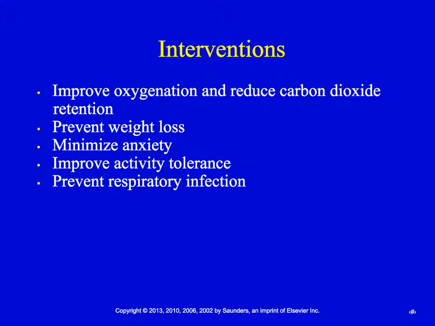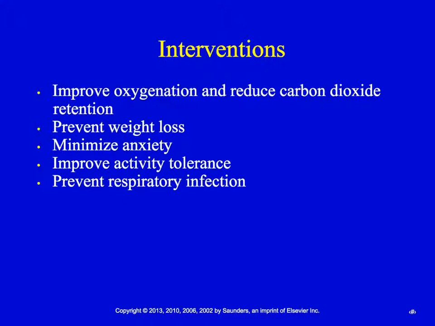Preventing weight loss, think about all the things as an intervention that you could do. A lot of times preventing weight loss is done by providing high calorie small meals. The reason is that people with emphysema and chronic bronchitis have difficulty eating a large meal, because if you think about all the work that the heart and the body does to digest large meals, it would be added work on the heart and lungs.